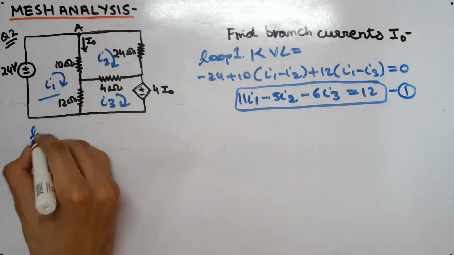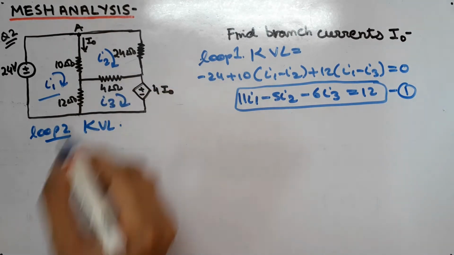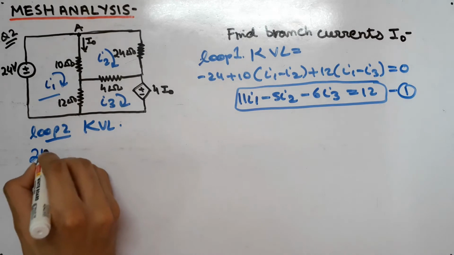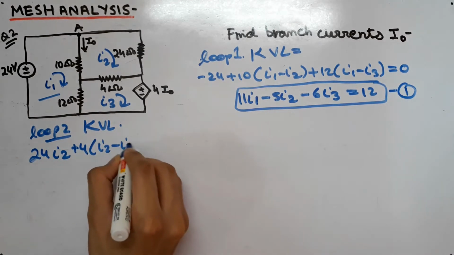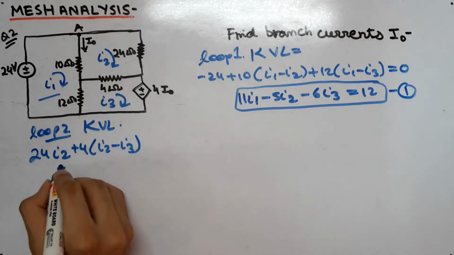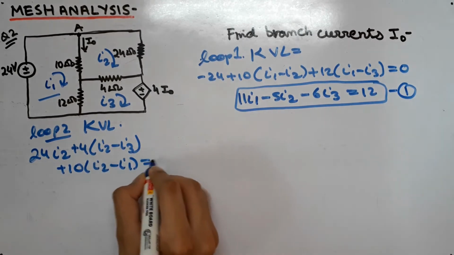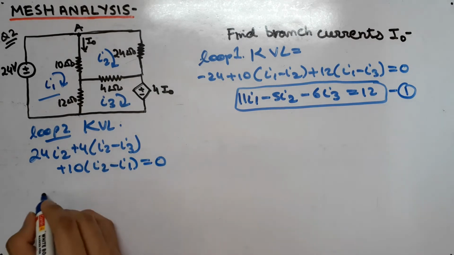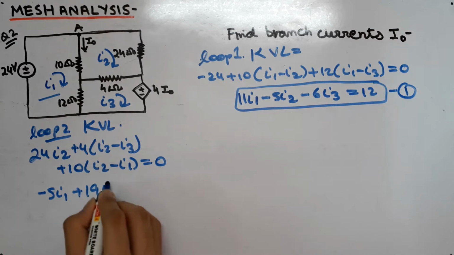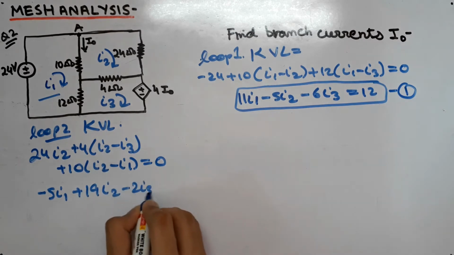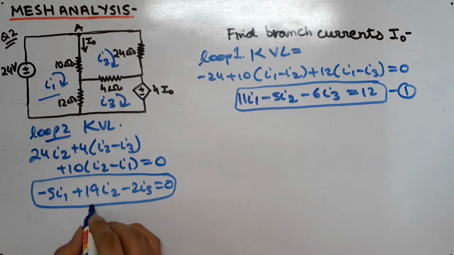Now similarly in loop 2, we will apply KVL, that is in this loop, and from there we will get the equation as 24i2 plus 4 into (i2 minus i3) plus 10 into (i2 minus i1) is equal to 0. On rearranging this, you will get minus 5i1 plus 19i2 minus 2i3 is equal to 0. We will name this equation as equation 2.